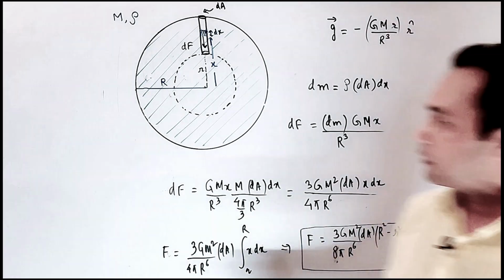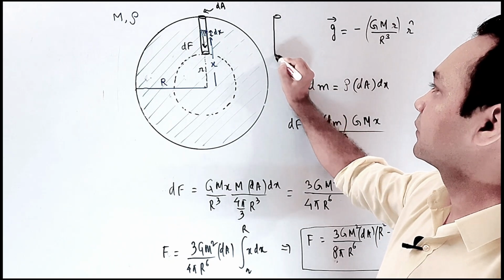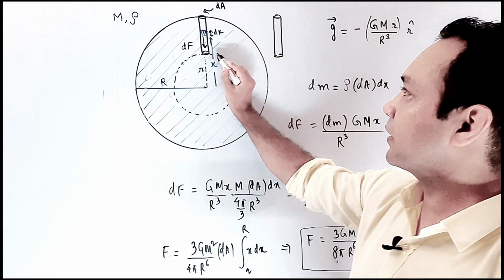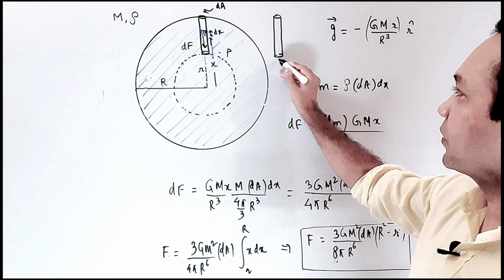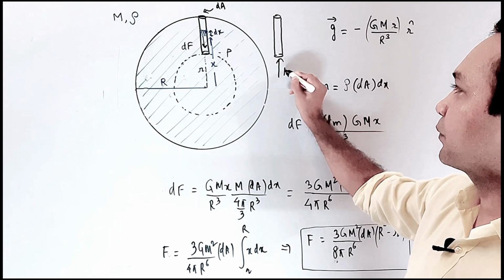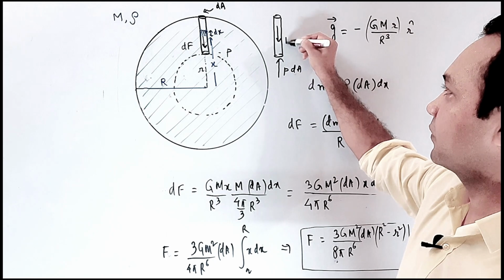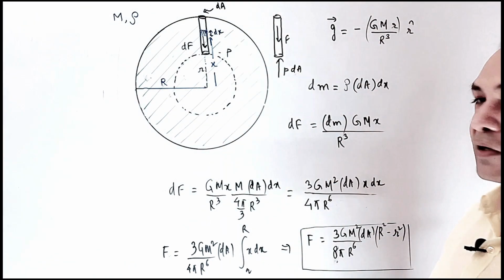And now if I draw the FBD of this part, what is there? Pressure at this location is P. Because of this pressure, there will be an upward force P into dA, and there is this force F. The whole system is in equilibrium, so this part will also be in equilibrium.